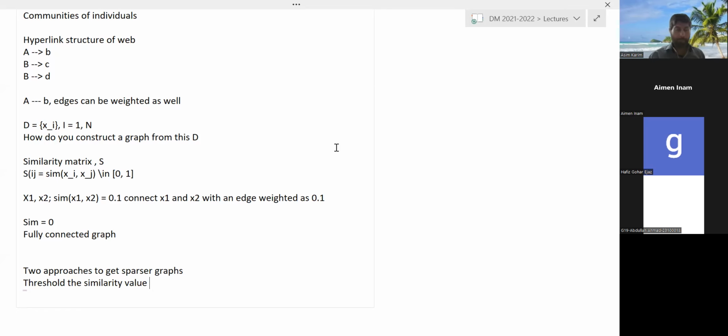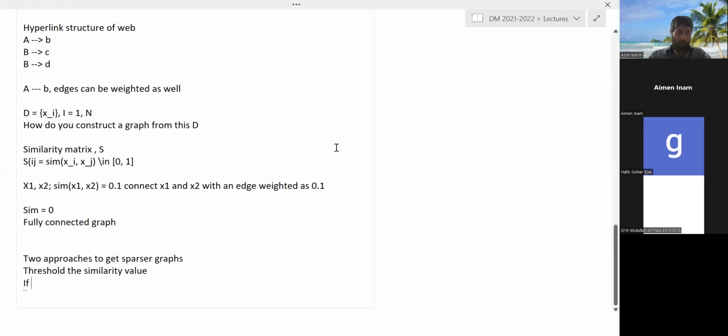For example, if similarity is less than some small value epsilon, then do not connect the objects, or the nodes corresponding to those objects.